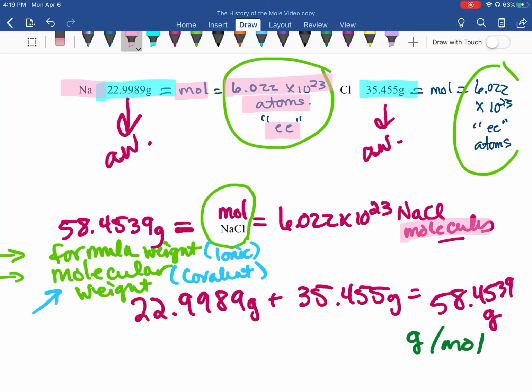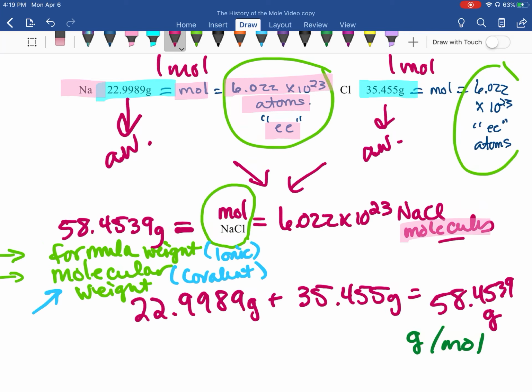So we took 1 mole of sodium and we mixed it with 1 mole of chlorine, 2 separate things. And then when we mixed them together, they combine, ionic bond, and we made a whole new compound.